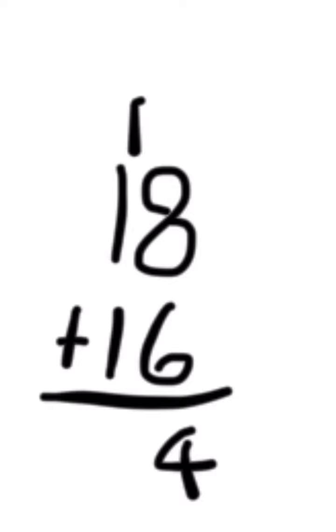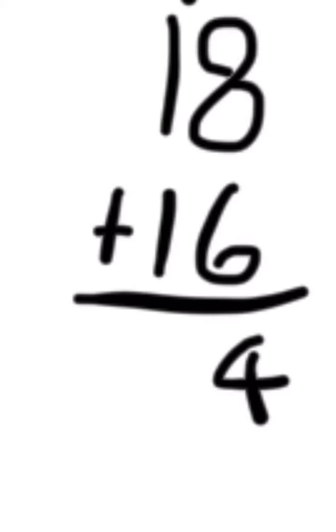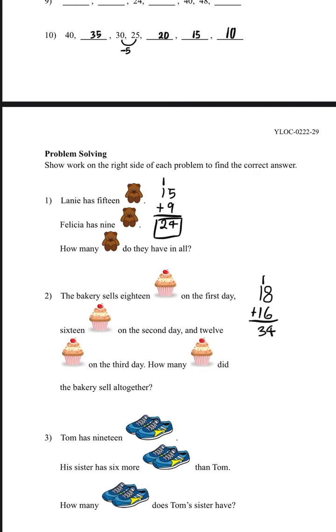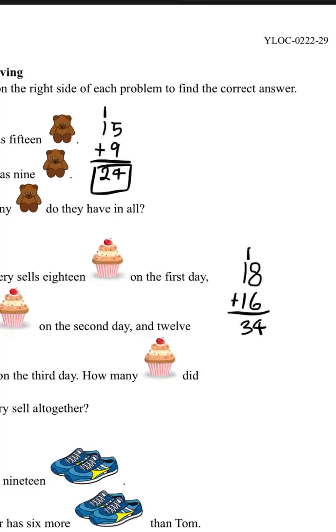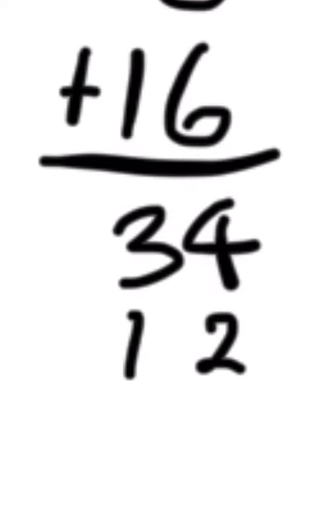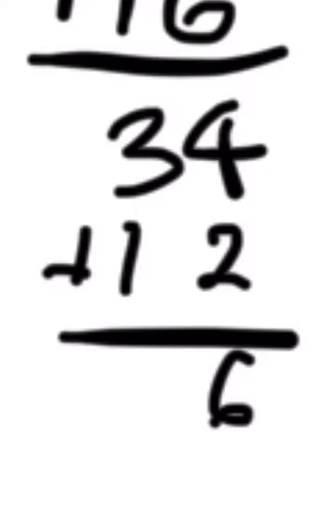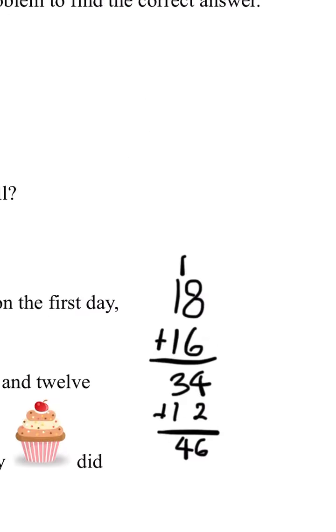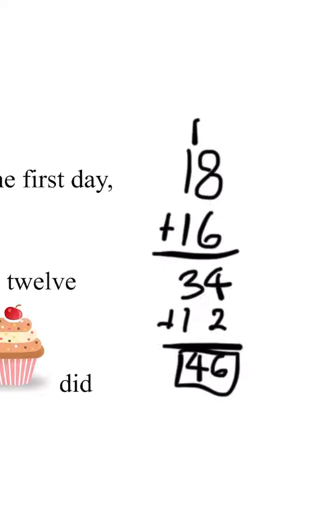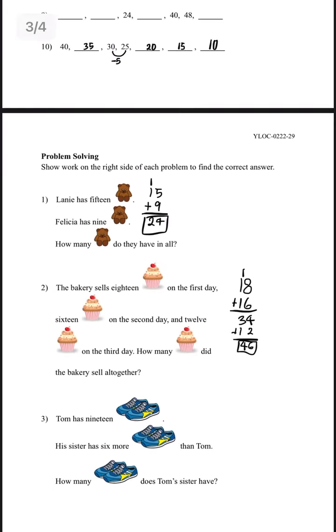And 1 plus 1 is 2, and 2 plus 1 is 3. So 34, and then now we need to add 12. 4 plus 2 is 6, and 3 plus 1 is 4. 46 is the answer for number 2. Let's move on to the next page.